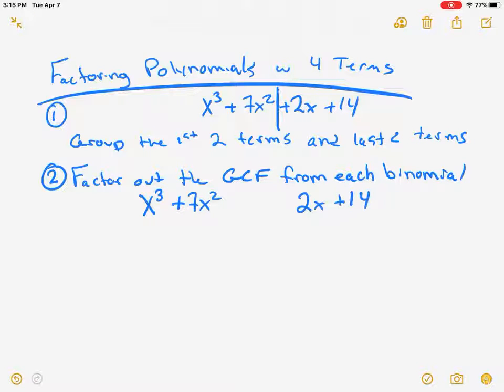All right, so we got to figure out what we can take out of both of these. Let's look at x to the third plus 7x squared. Well, they both have x's in there, so we take the smallest x, so x squared. It means we could factor out the x squared. Right, so we put that out here, x squared. That leaves us with x plus 7, right?